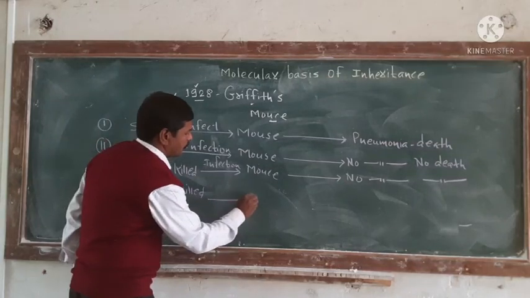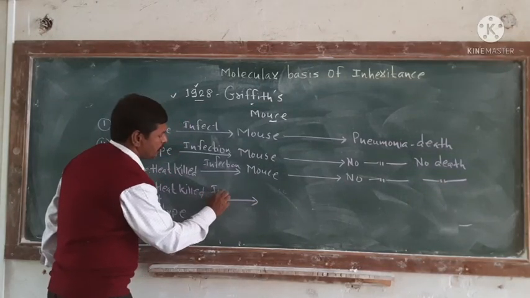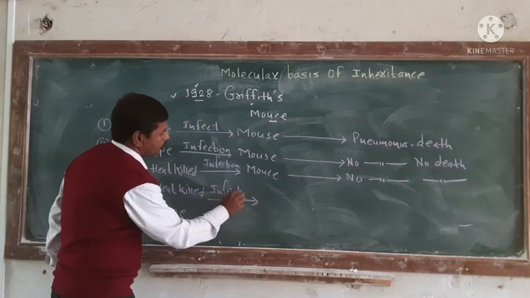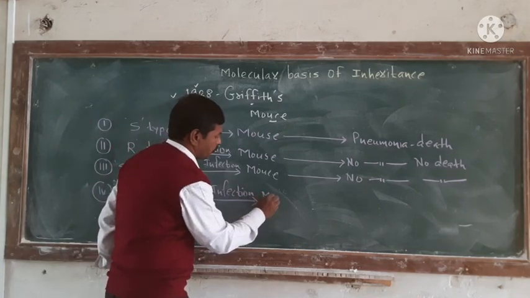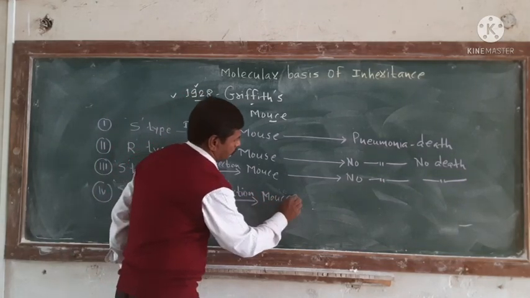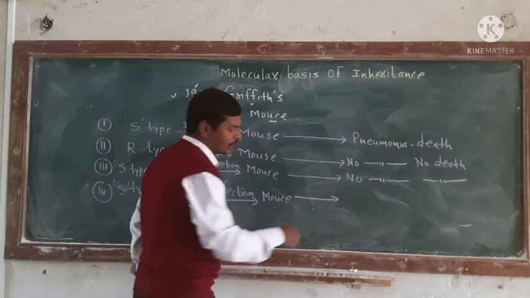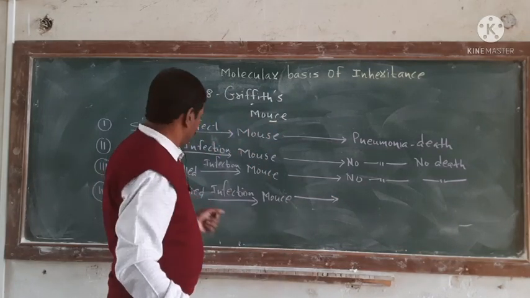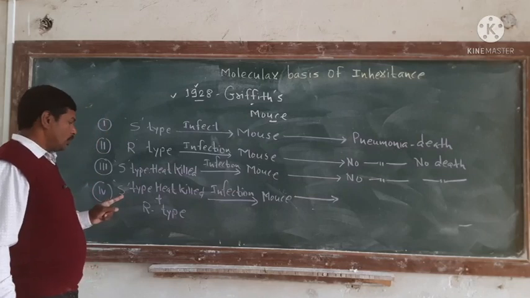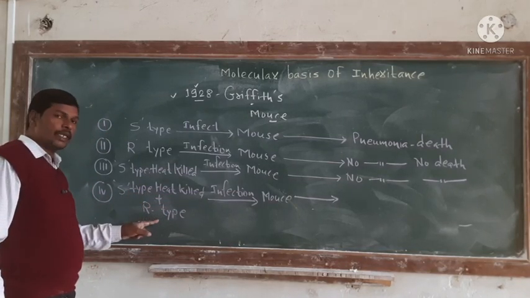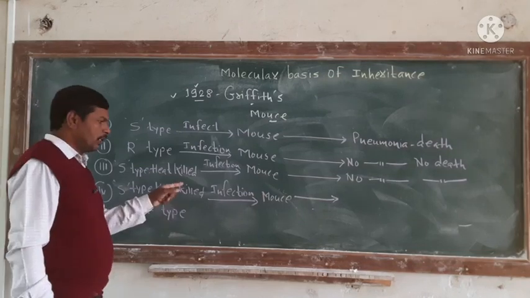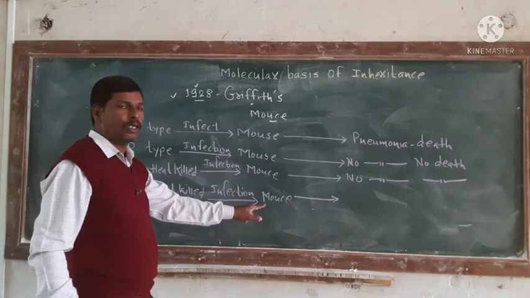Again there is an infection, and observe what happens with the mouse. Here what happened in the last step? He used for the experiment the heat killed S type plus R type. Collectively there is infection to the mouse.